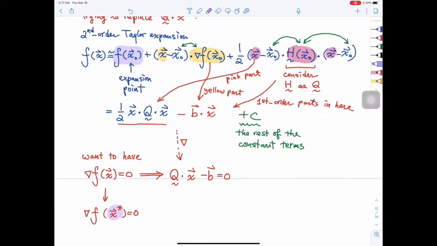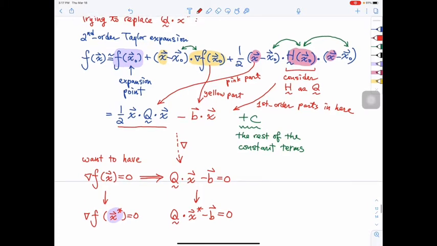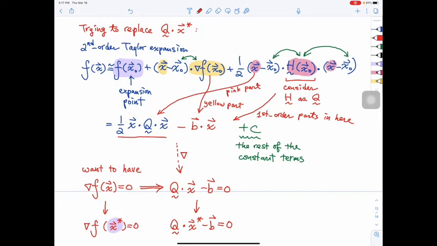So if we can do that, that means we can also plug in to the right-hand side. Right? This is what we believe. So our optimal should satisfy this equation. Okay? And let's go back to see what we want at the beginning. We want to replace q dot x star.